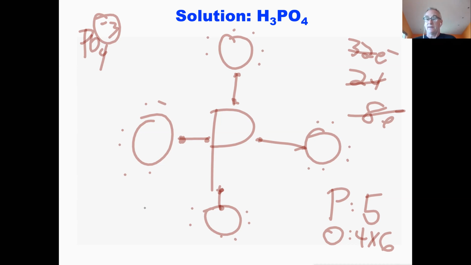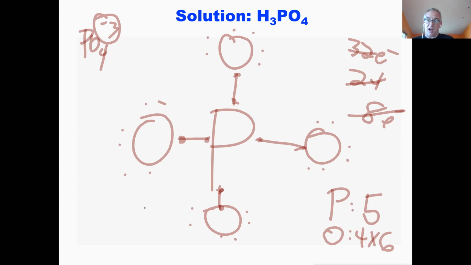So basically, that's all the electrons we have. There's none left over. So the oxygens all have a total of 8 electrons. Their octet is full. Now, if I look at phosphorus, it has a full octet as well because it has 4 bonds with 2 electrons each.